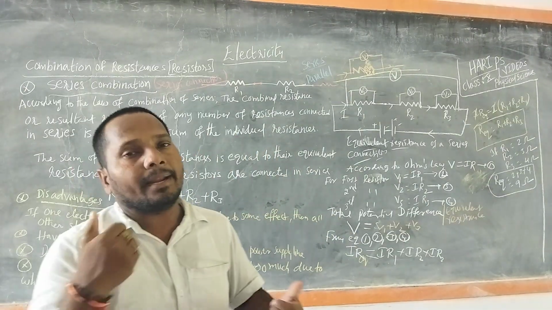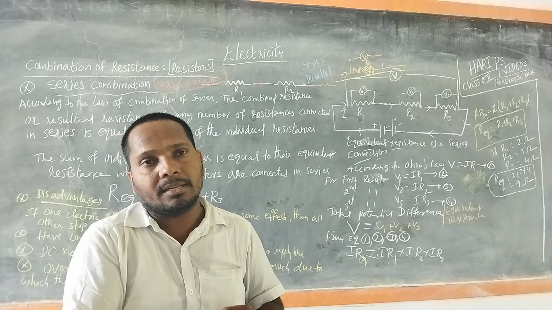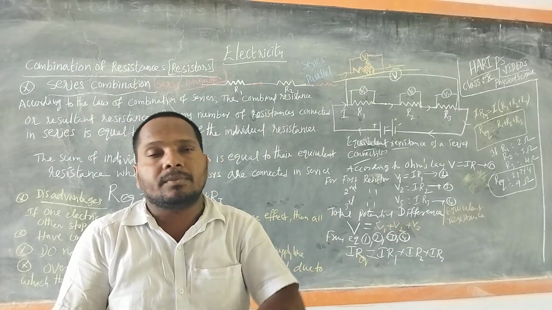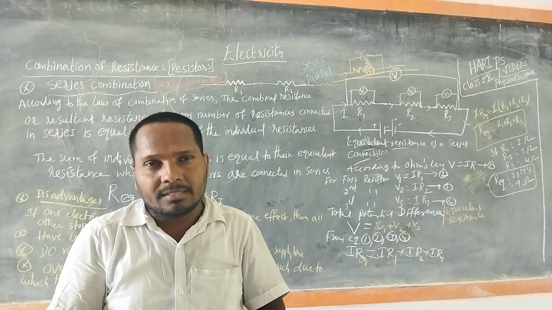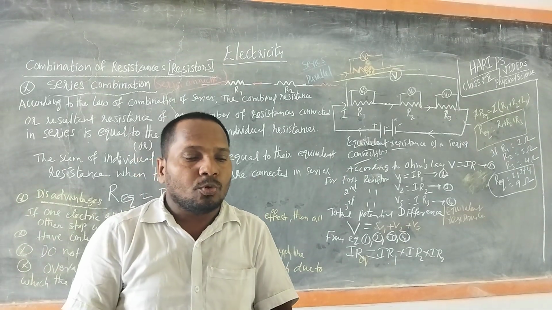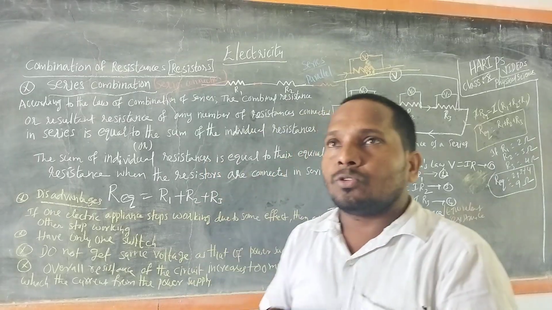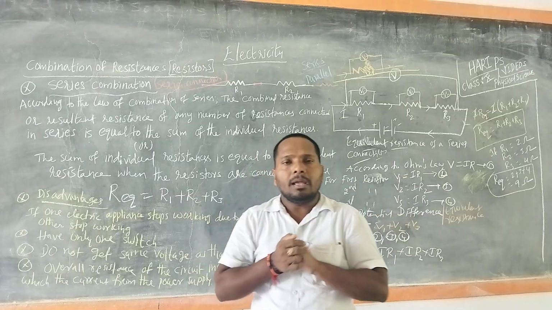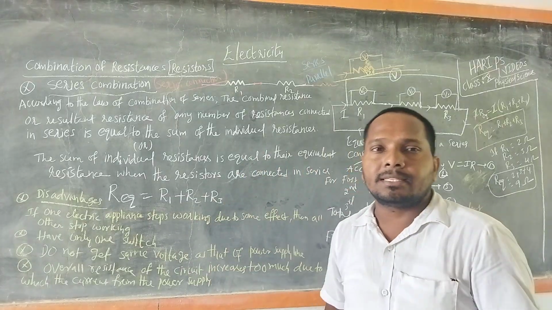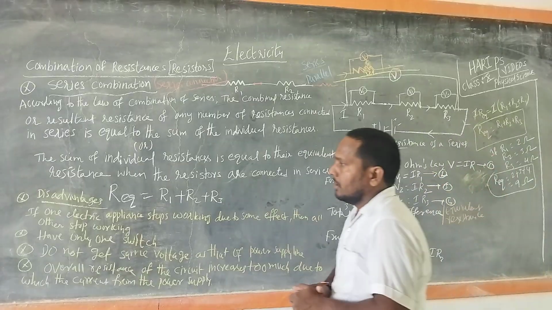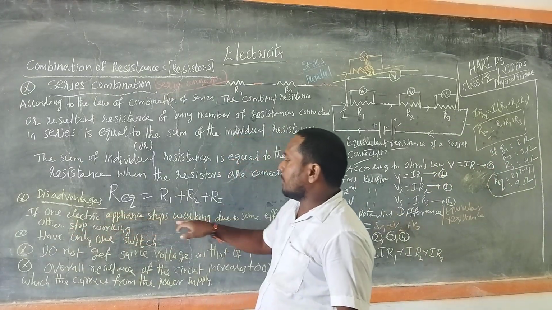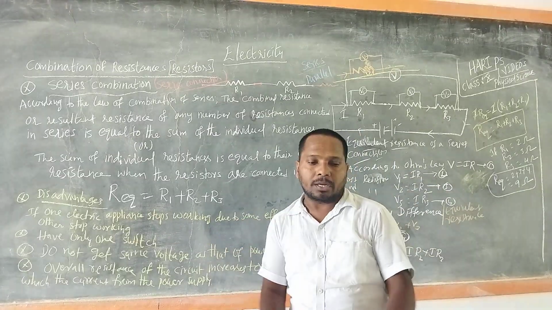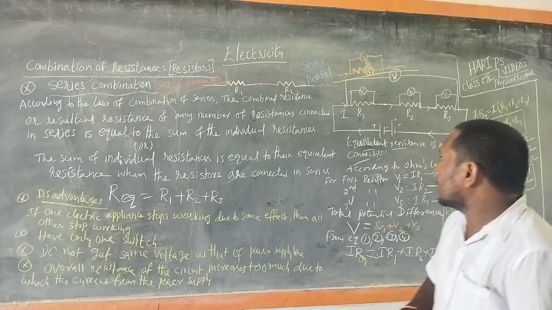So when we connect the resistors in series, the resultant resistance increases. But it has some disadvantages. In our home, if we connect all the electrical appliances in a series connection, there are disadvantages. If one electrical appliance stops working due to some effect, then all the others also stop working.